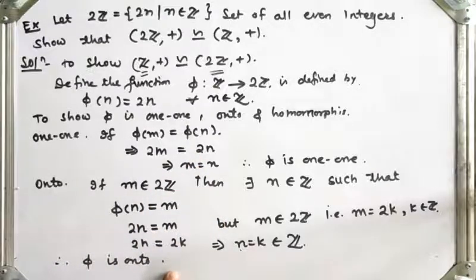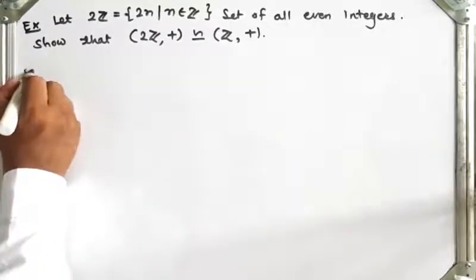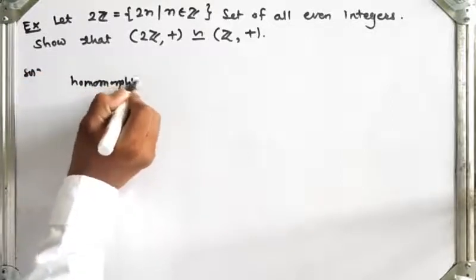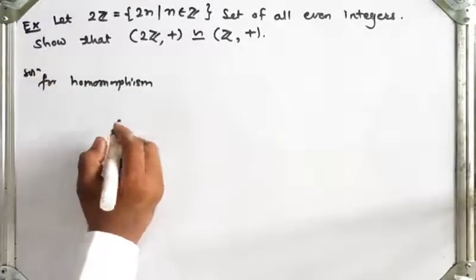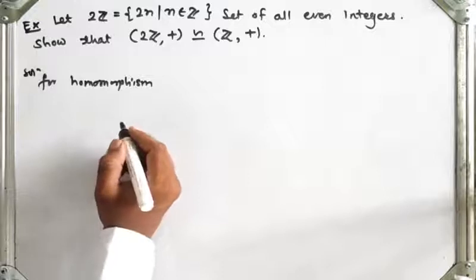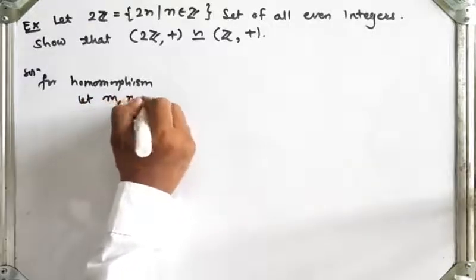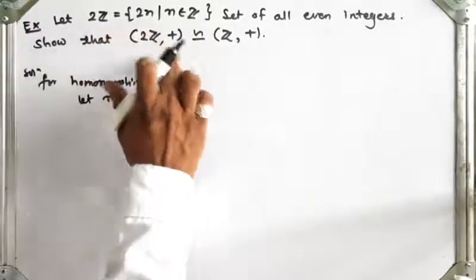Now next case, to show phi is a homomorphism. Now for homomorphism, I will take two elements. Let m, n belong to the set of integers, then what is the binary operation?